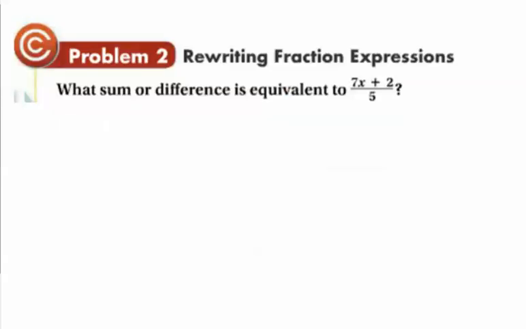So let's rewrite this fractional expression. Well, there's a couple ways you can rewrite this fractional expression. It's pretty simple, real easy to do. So what we got to think about is, how can we rewrite this? Well, the first thing that you're going to do is, if you look at the denominator, it is 5.